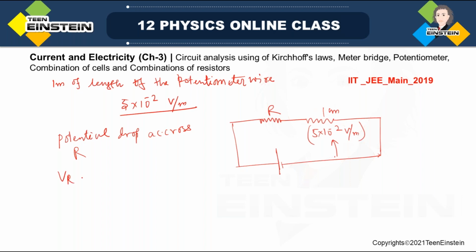The potential drop across R, VR, is equal to 4 volt minus this much volt.